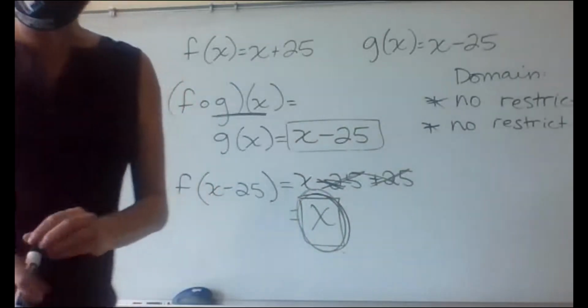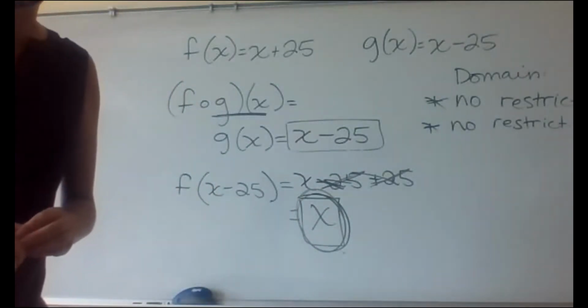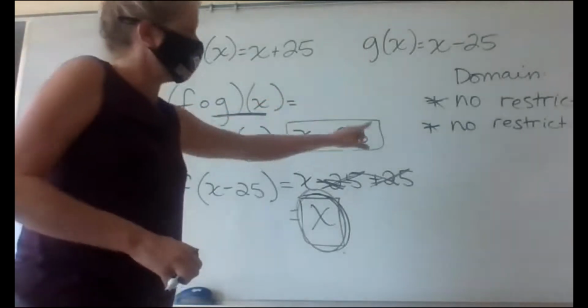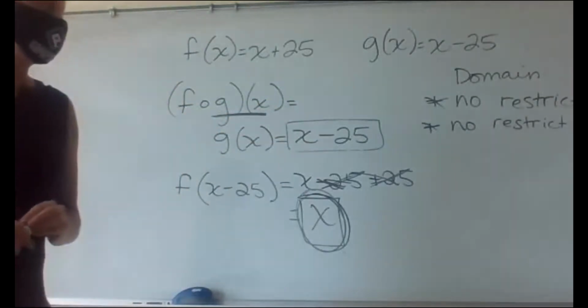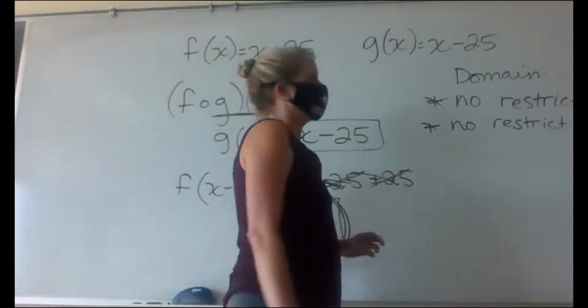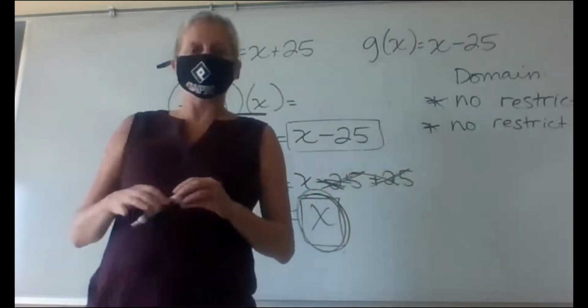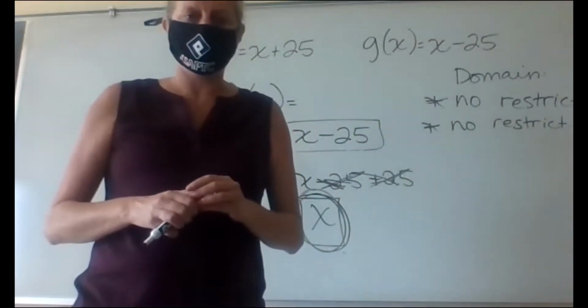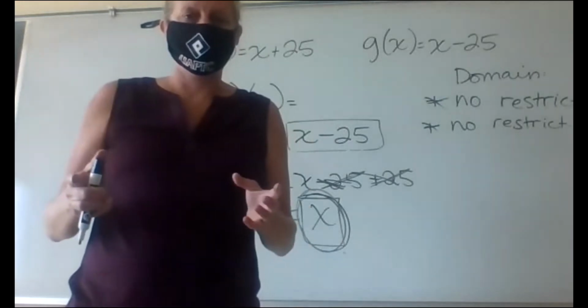Because the second part of this problem is going to want you to find the domain of this. Since there's not any restrictions, there's nothing that x cannot be. In the last section, we just called that x is a real number, because it could be anything.